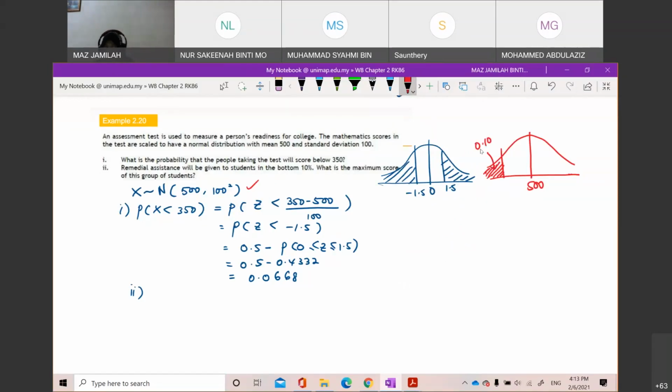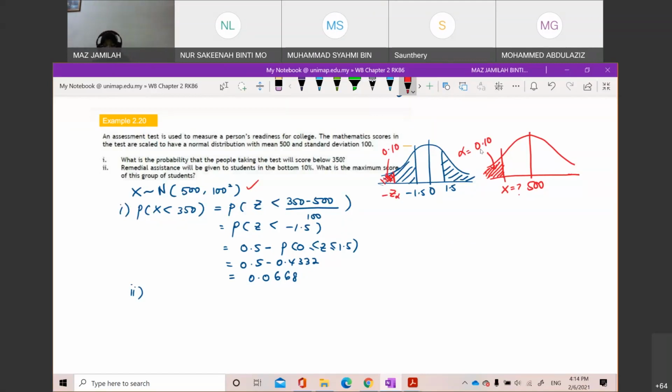So alpha is 0.10. You need to find the x max. When you transform, what is your z alpha that caters for 0.10 here?